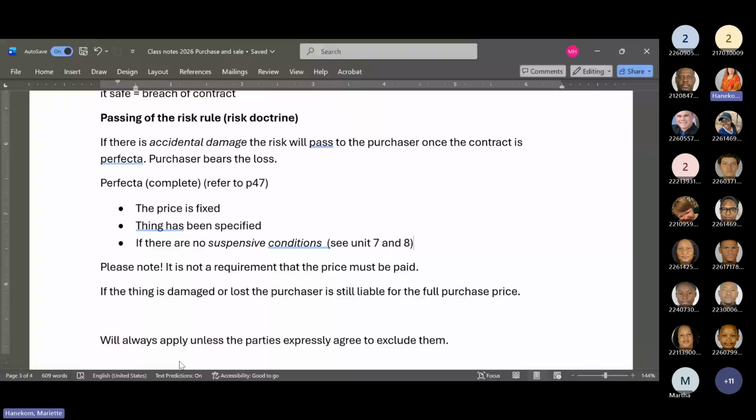Because the continuation of this contract depends on her father giving her the money. So if her father says, no, Stacy, I'm not giving you the money, the contract falls away. There's no more contract. There's no passing of the risk rule. There's nothing. If her father says, yes, Stacy, I will give you the money, then the condition is fulfilled and the contract becomes perfecta.